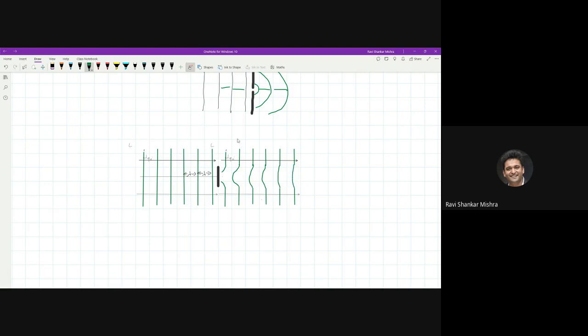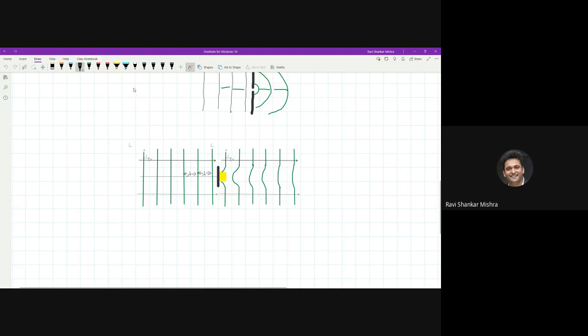At a very large distance, this effect will be minimized. Here there is a region where you will get a shadow. Shadow means there is no disturbance, no wave.